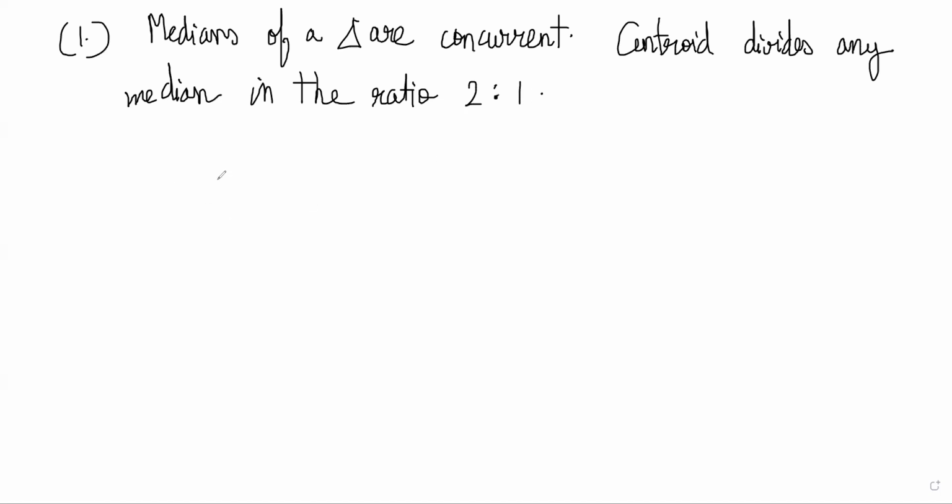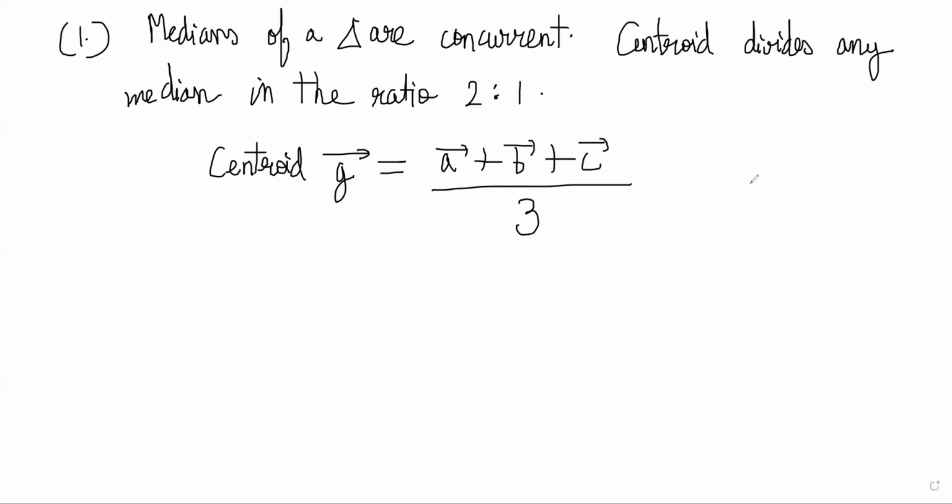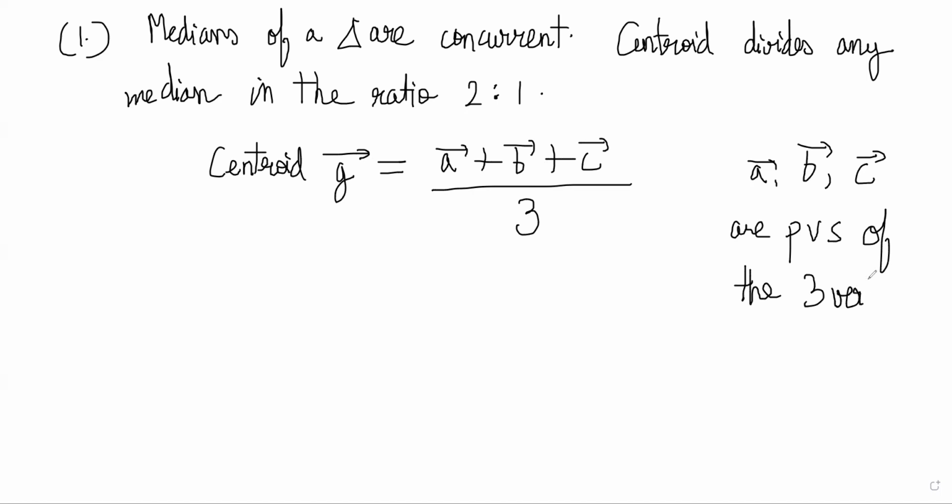And from here, we'll get the position vector of the centroid. G vector is going to be A plus B plus C divided by 3, where A, B, and C are position vectors of the three vertices of the triangle.